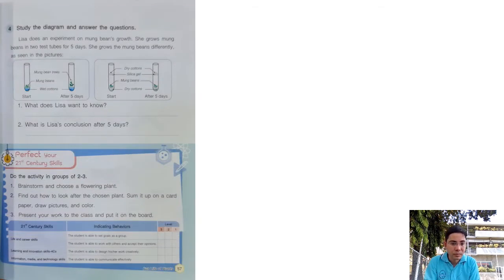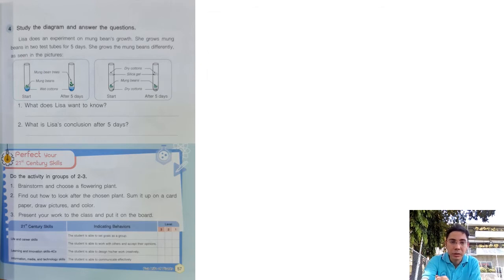Now, on page 57, Lisa would like to make an experiment. She wants to know if she puts a mung bean inside a test tube or bottle or a jar, will it grow?